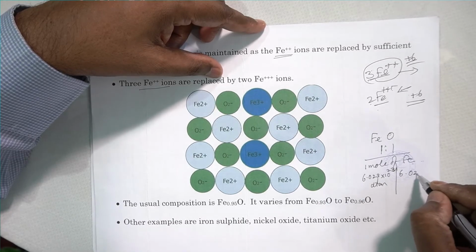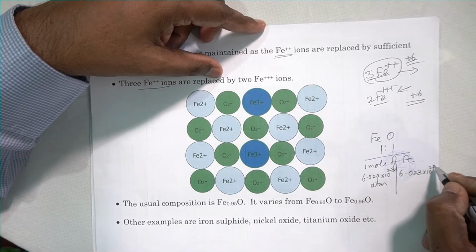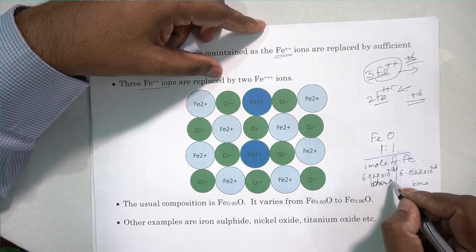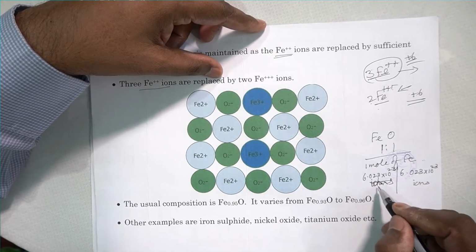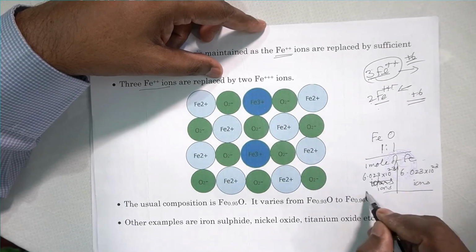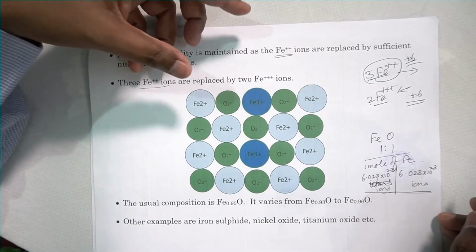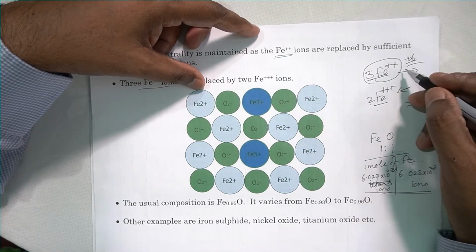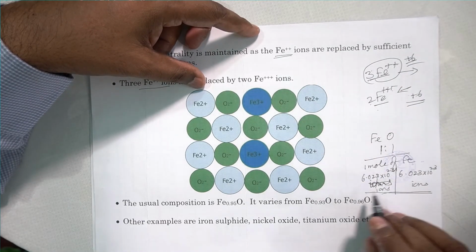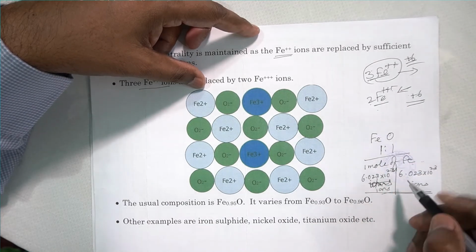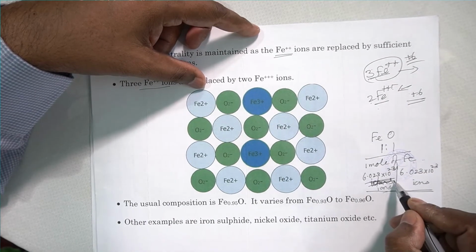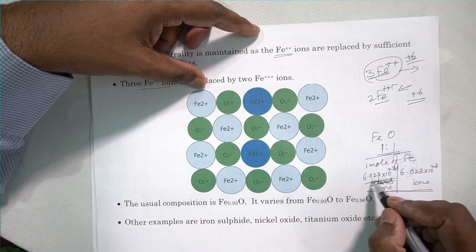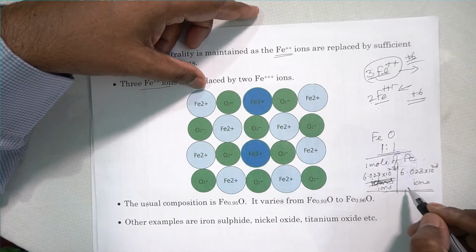So we have equal numbers. Now in a 1 molar crystal, a few Fe2+ ions are missing and Fe3+ ions have come instead. So the total number of Fe, if you count, will be less than this number. So the 1:1 ratio will not be maintained. Oxygen is the same number, whereas the number of Fe atoms decreases.